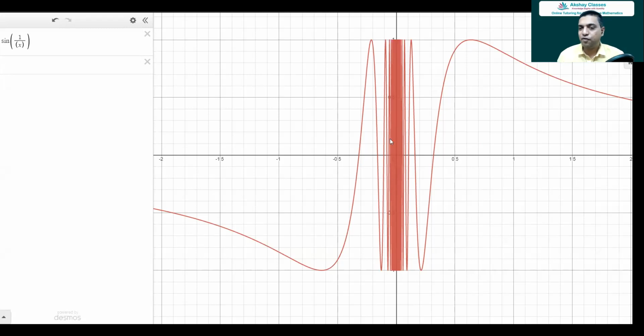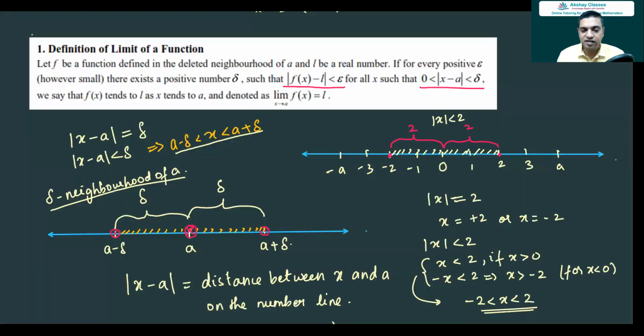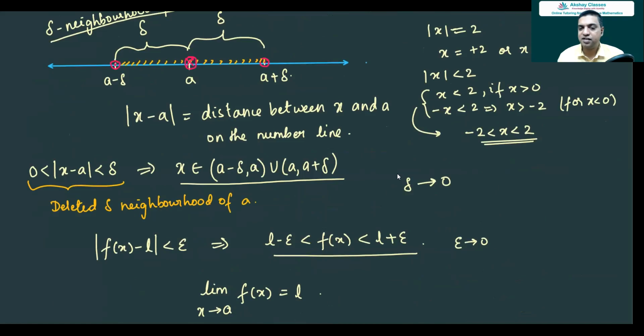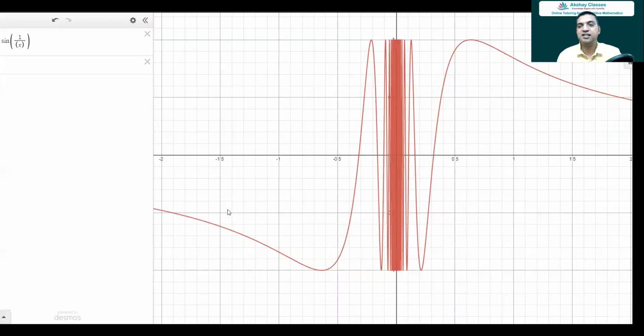So that is why for functions like this, when you say x is in the delta neighborhood of 0, the function value is not in the neighborhood of 0. Although it is oscillating, the condition for this definition is: if delta is reducing to 0, then epsilon must be reducing to 0 and vice versa. But this phenomenon cannot be seen in the sine 1 by x graph.